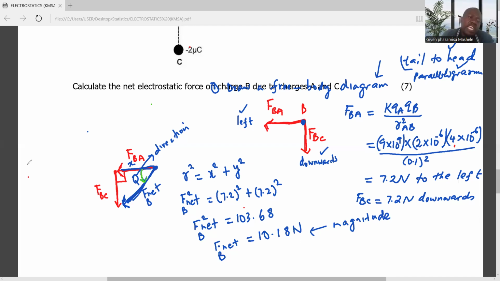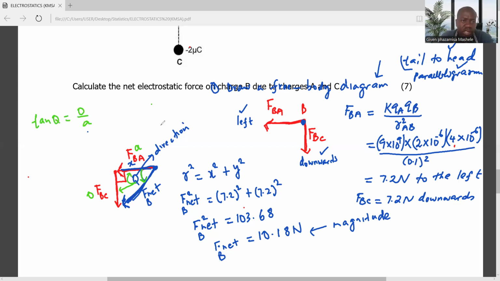To calculate that, we look at the angle. This is the opposite. This one is the adjacent. Usually we use tan, but you can also use other ratios, but it's easier when you're using tan. So tan of theta is opposite over adjacent.